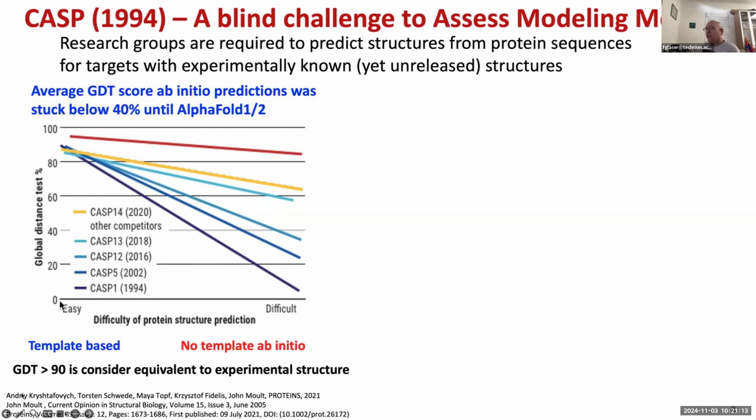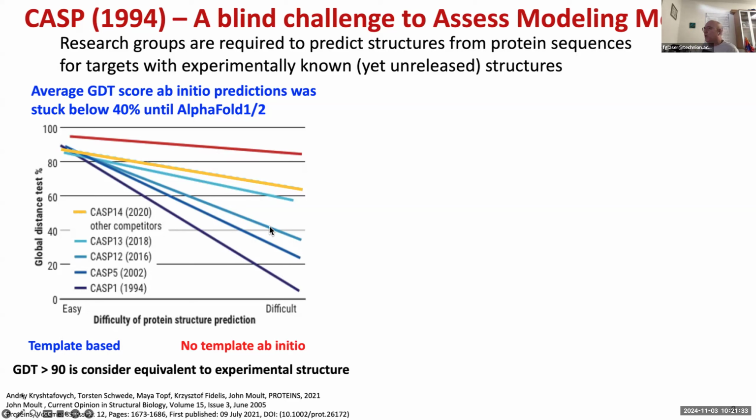The interesting thing is that in the competition, they gave easy targets, with a lot of homology to known targets, so they are easily done by template-based modeling. And difficult targets, which are those without any detectable homology, neither sequential nor structural.